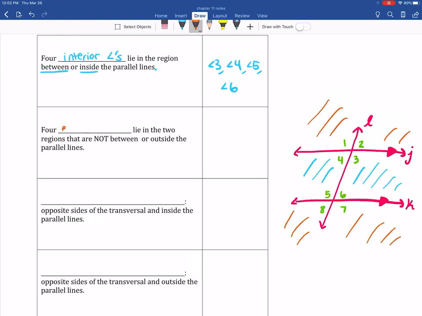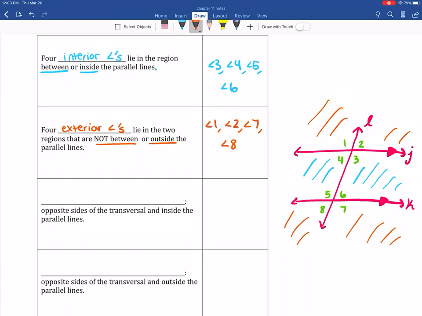The 4 exterior angles lie in the 2 regions that are not between. We could also say they're outside the parallel lines. That would be 1, 2, 7, and 8.